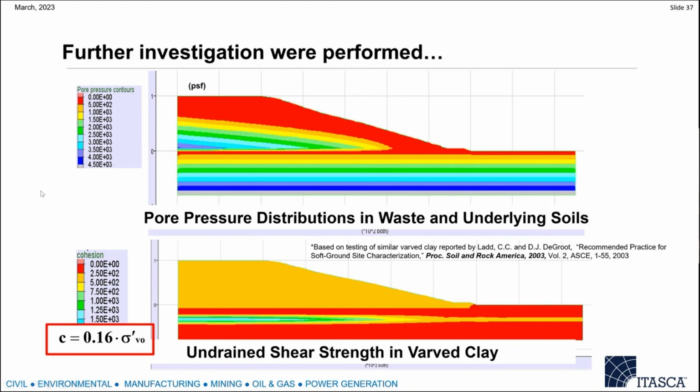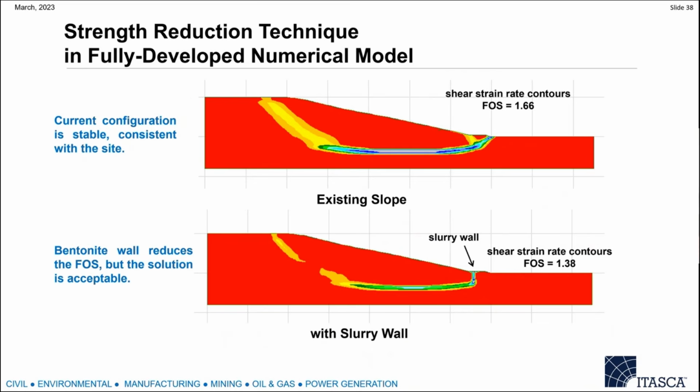Okay, and the cohesion of the clay is usually proportional to the vertical effective stress. Okay, if we assume that cohesion is 0.16 of the effective vertical stress, and then we recalculate the factor of safety using the strength reduction method, we can calculate that the factor of safety is 1.66.